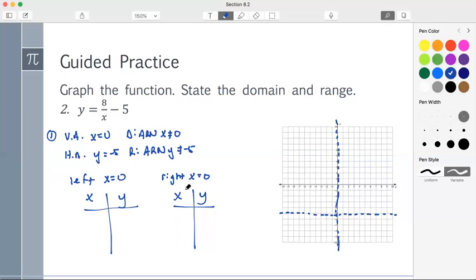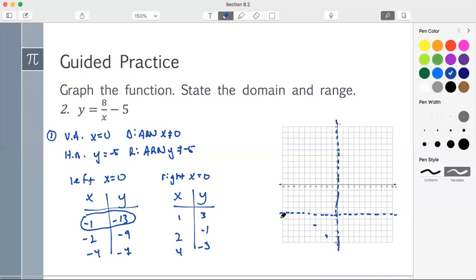All right, so for this one, I think I picked on the left, -1, I got -13. -2, I got -9, and then -4, I got -7. Then I picked 1, and I got 3. I picked 2, I got -1, and I picked 4, and I got -3. Now, I'm not going to plot this first point because it's off the charts. So let's go -2, -9, and then -4, -7.